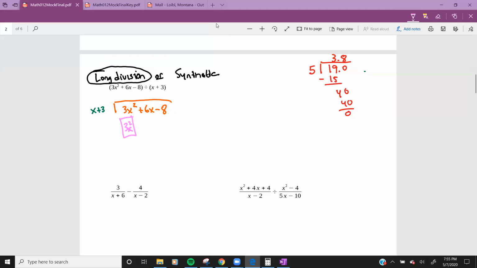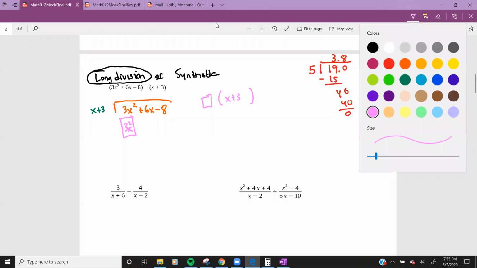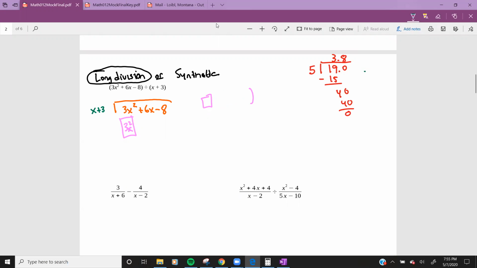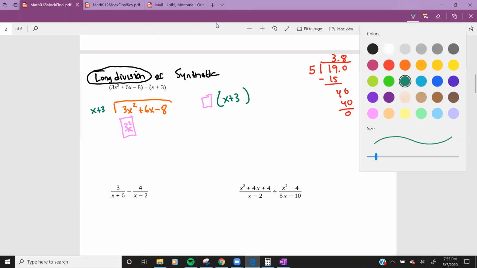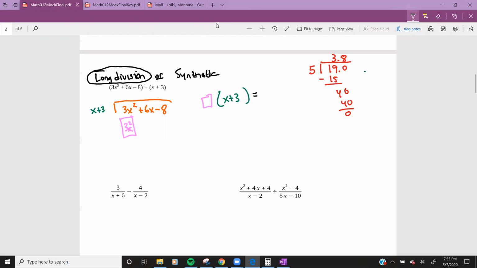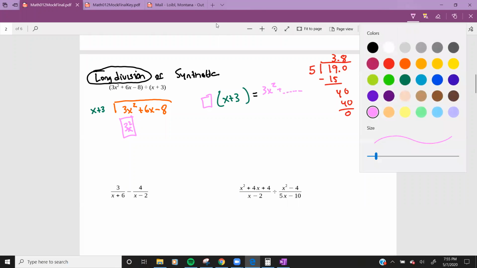So be thinking, what do I have to multiply to x plus 3 so that I end up with 3x squared? I'm going to have another term out here, but I just want 3x squared. So hopefully by this time you're screaming at your computer that it would be 3x. That is what you'd multiply to x plus 3.